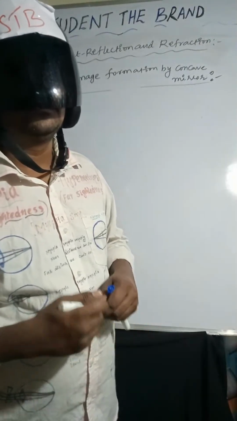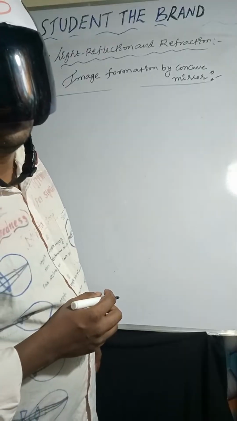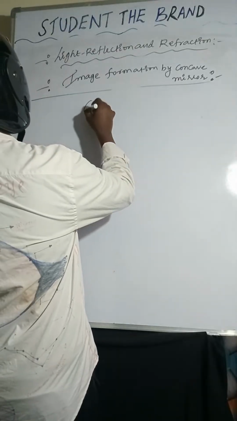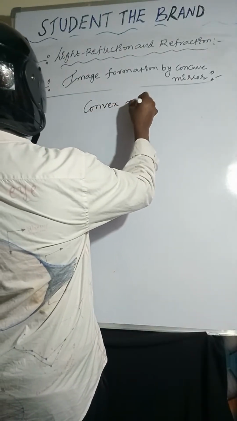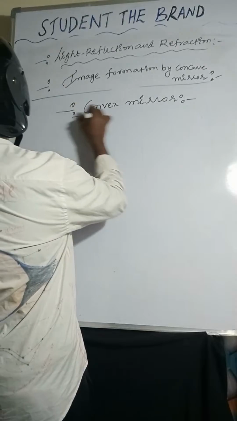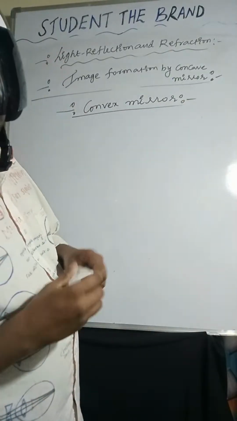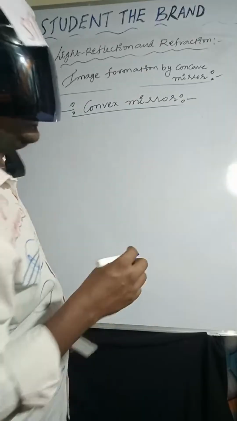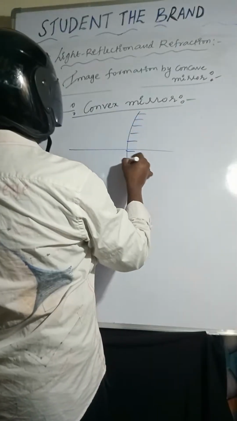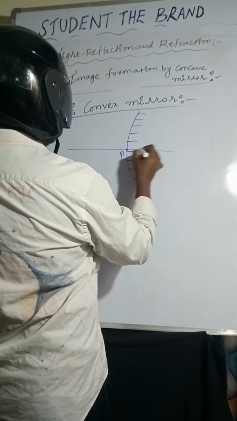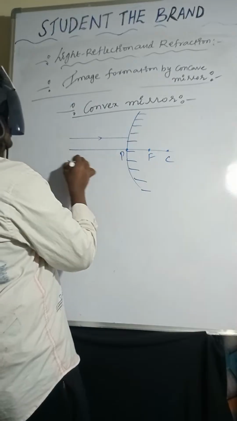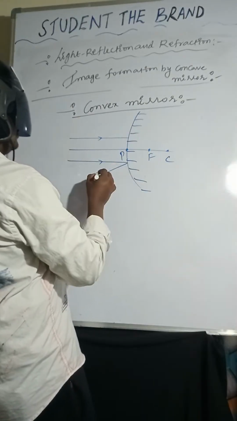First case, the object is placed at infinity. So, pole, focus, center of curvature. The object is placed at infinity. Okay, so after reflection.